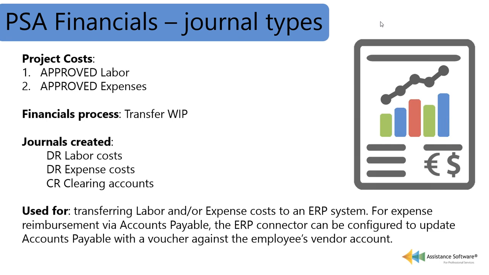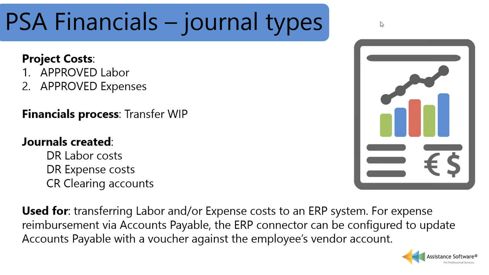Each of these data types has transaction types, which helps you determine from a connector standpoint which transactions you want to integrate with ERP. The process in PSA Financials that is used to create these ERP costs of labor and expenses is called the transfer WIP process.